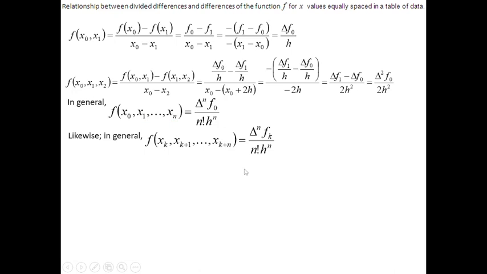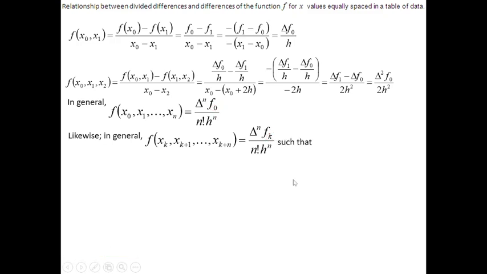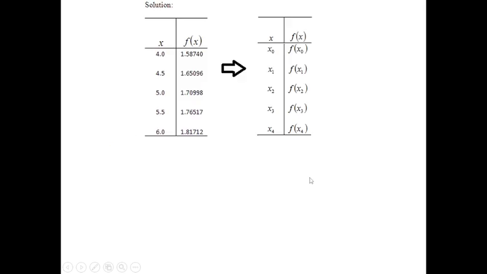Likewise, in general, the 0 can be replaced by k, so it becomes k plus n. The nth differences of f over n factorial times h to the power of n, such that k is any integer.